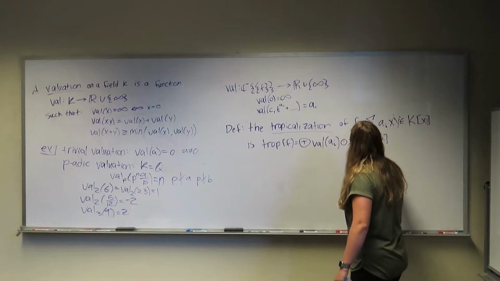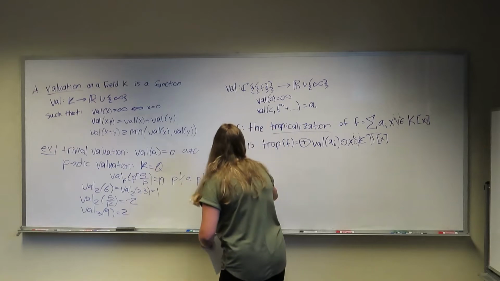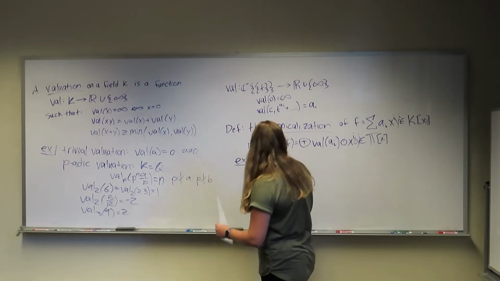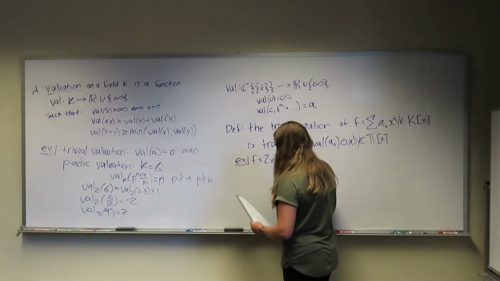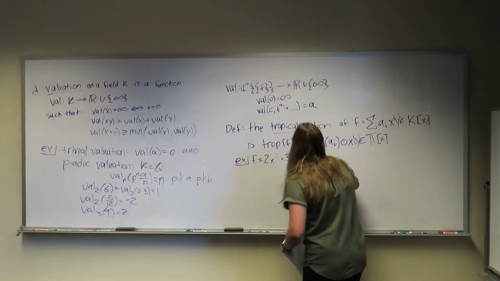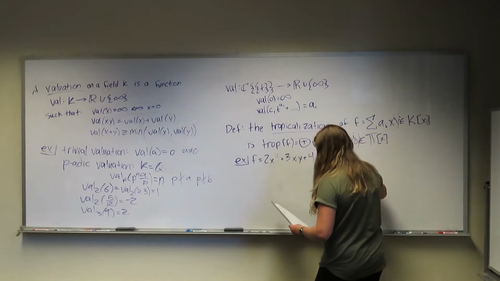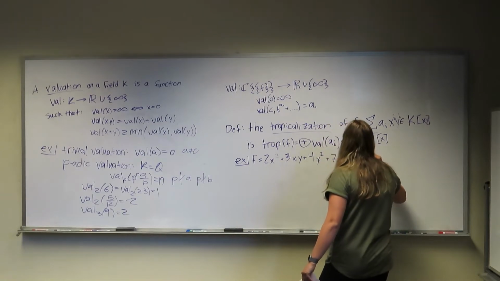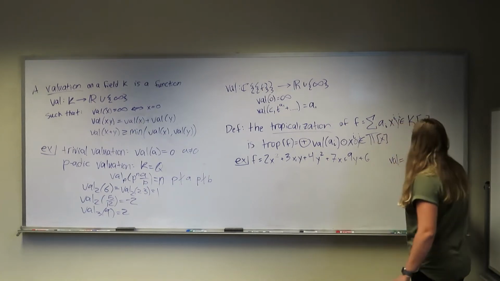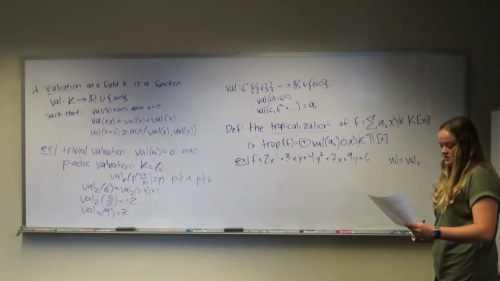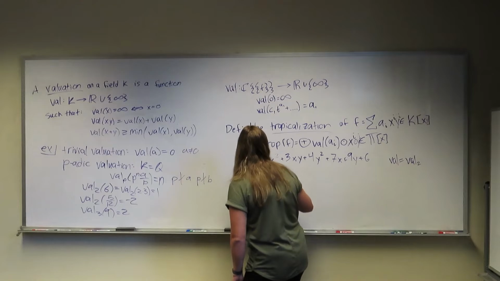So, for example, if our f is 2x squared plus 3xy plus 4y squared plus 7x plus 9y plus 6, and our valuation is the 2-adic valuation, then you figure out what the tropicalization of f is.